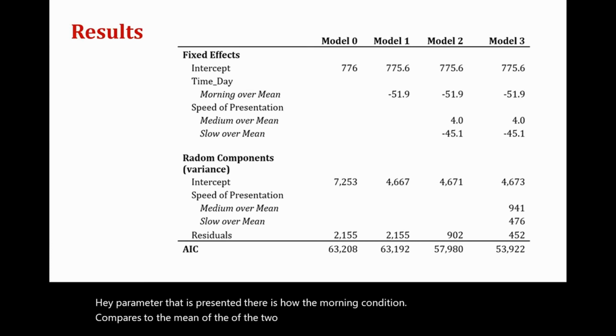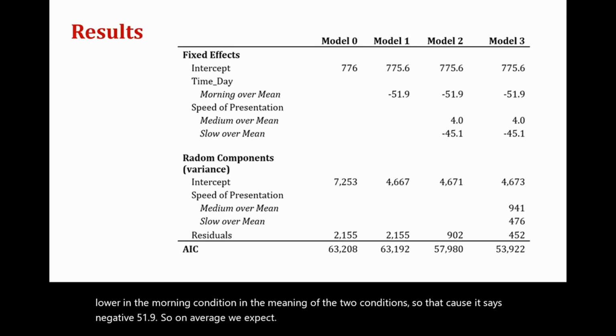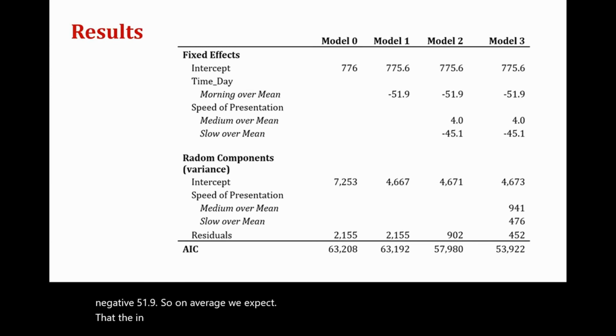So that means that the reaction time is lower in the morning condition than in the mean of the two conditions. We expect that in the morning the reaction time will be 51 milliseconds faster than the mean of the two conditions. And that is the same in model 1, model 2, and model 3.